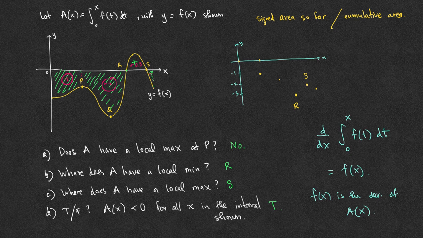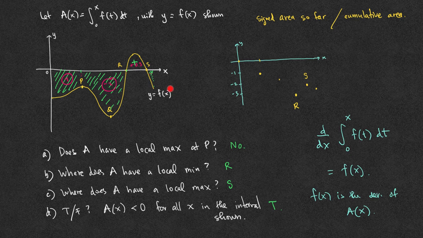Using the derivative, we see that at the point P, the derivative is negative and then negative. It doesn't change sign. That is why A does not have a local maximum at P. F, being the derivative, changes sign from negative to positive at R. That is why we have a local minimum at R. It changed from negative, decreasing, and then increasing.